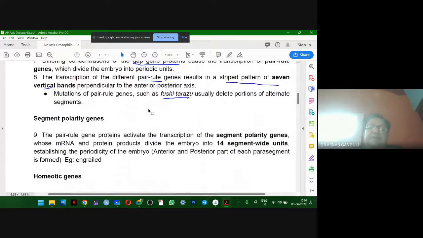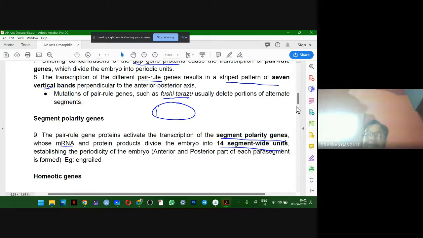After this come the segment polarity genes. So already you have an egg. Pair rule genes activate the transcription of segment polarity genes, whose mRNA and protein products divide the embryo into 14 segments, known as parasegments.